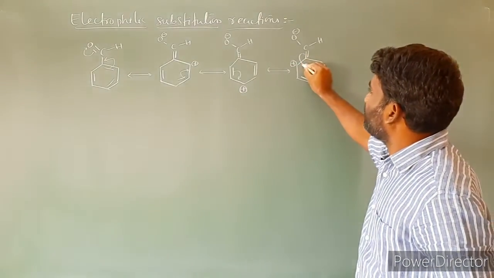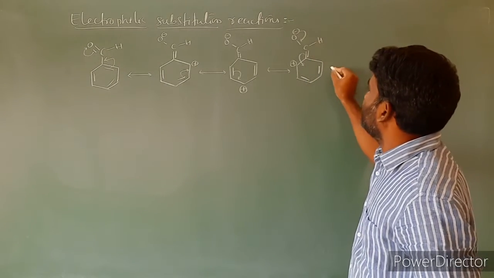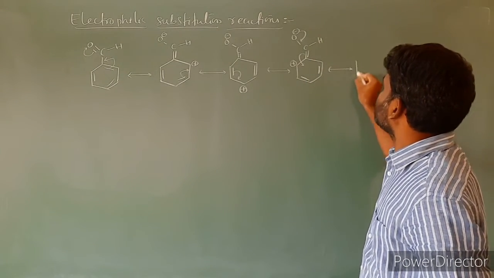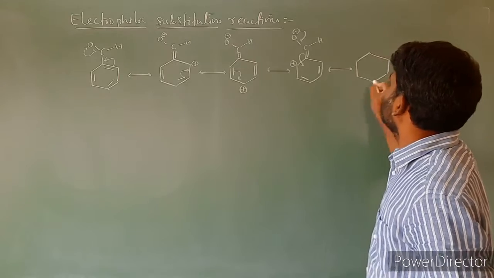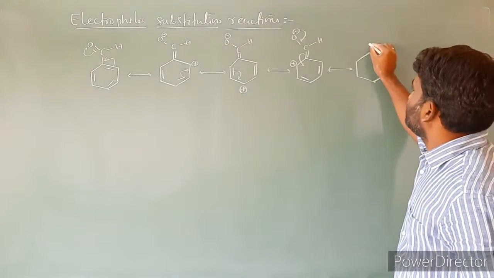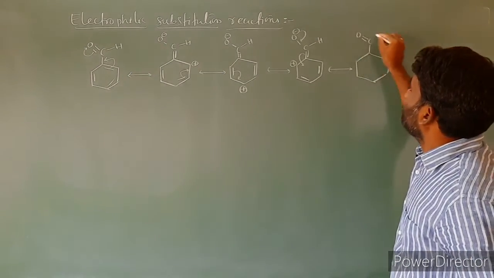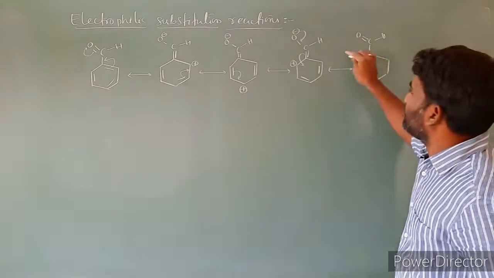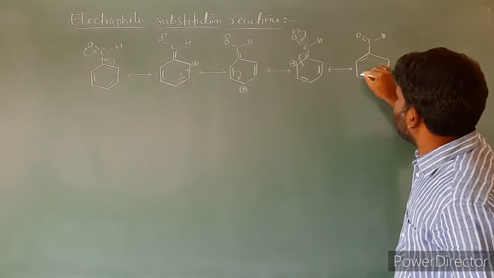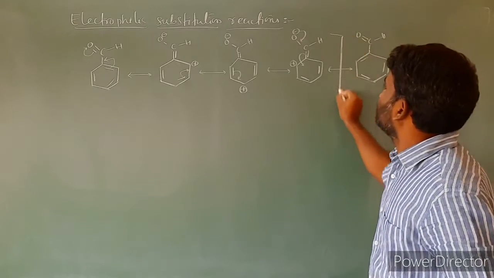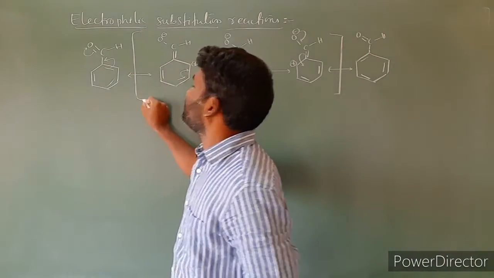Again, as usual, this bond will come here. Then the product is C double bond O, H, with the pi bonds here. So these structures are called resonance structures.